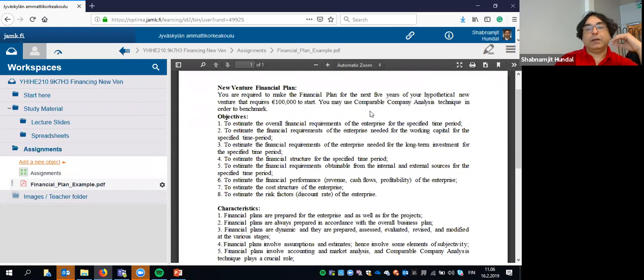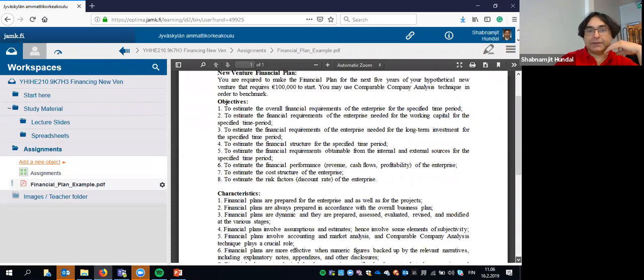For this, you can use the comparable company analysis, which I hope you remember is based on choosing a legend company, making those calculations, and then articulating those ratios in the context of your hypothetical project.